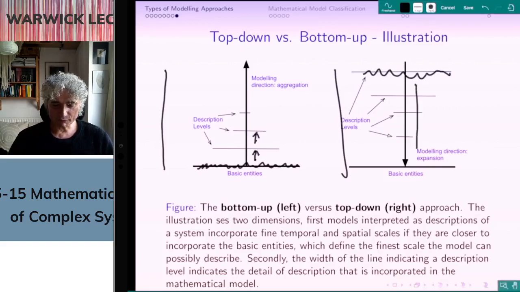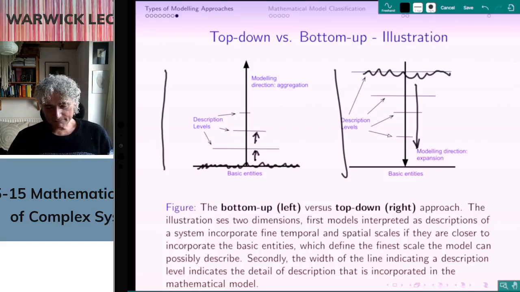So you use the implications of the macroscopic scales, that's how they are usually called, here at the top level to finer and finer scales. And you derive implications for these entities until you reach the scale on which the basic entities are acting.